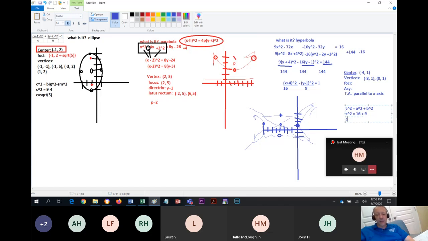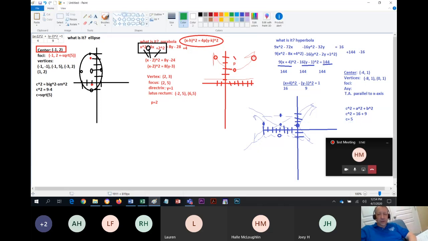That was lucky. So C is going to equal 5, right? I'll put that in a different color like green. So we're going to move 5 from the center. If I grab my circle here, 5 from the center is going to be 1, 2, 3, 4, and then 1 unit to the right is 5. I also need to go 1 unit to the left here. So 1, 2, 3, 4, 5, and it's going to be right here.